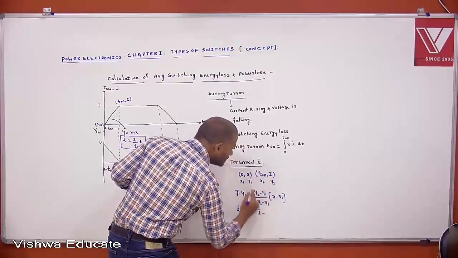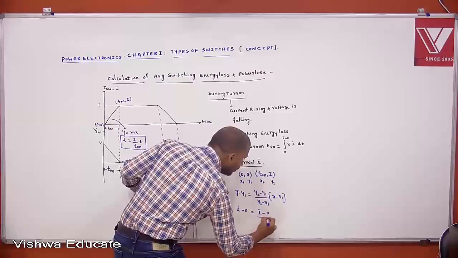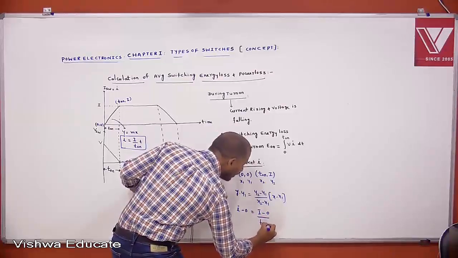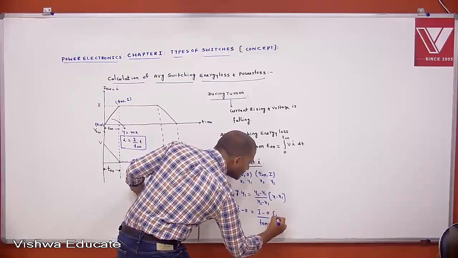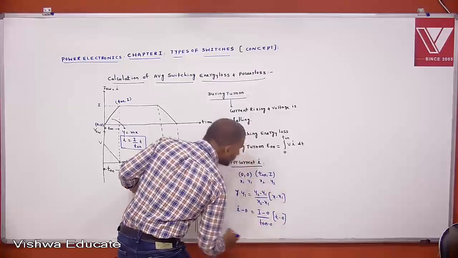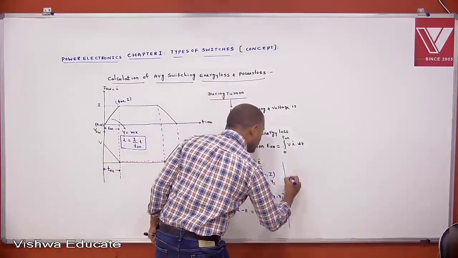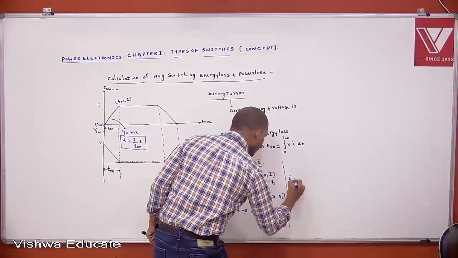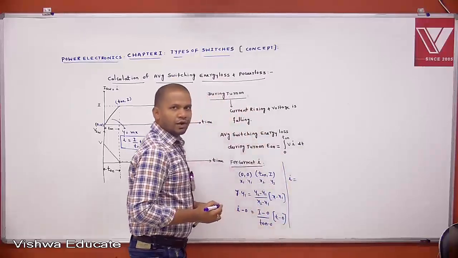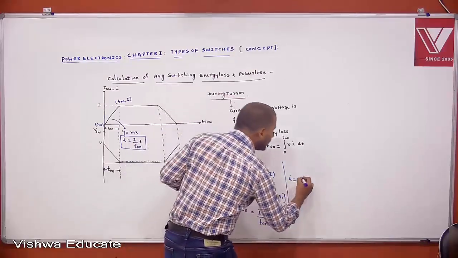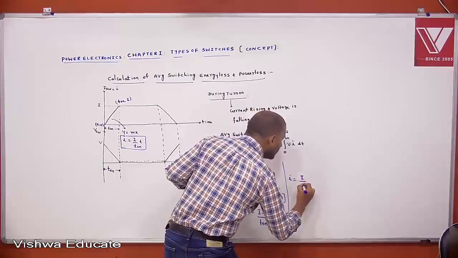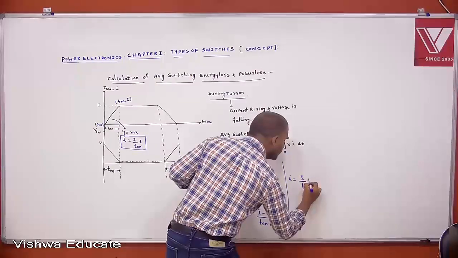I. What is X2? T on. What is X1? 0. On the X axis, time. Then what is the equation for I? The equation for I equals I by T on into T.